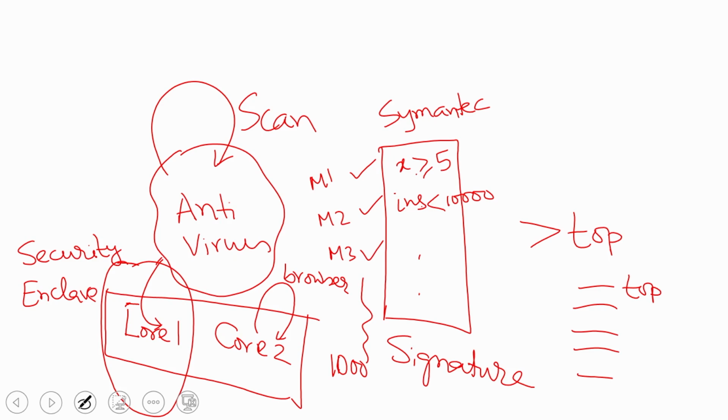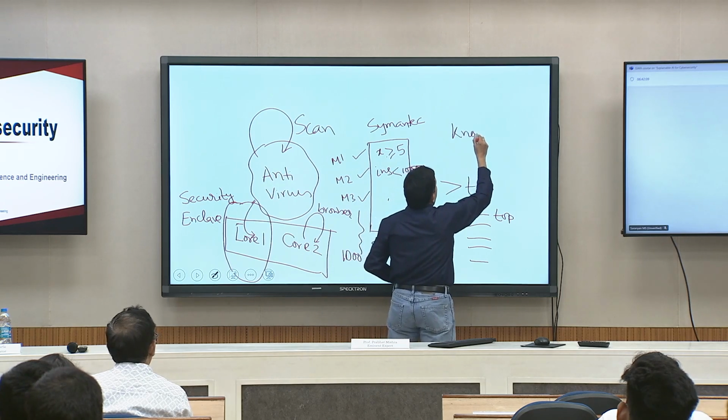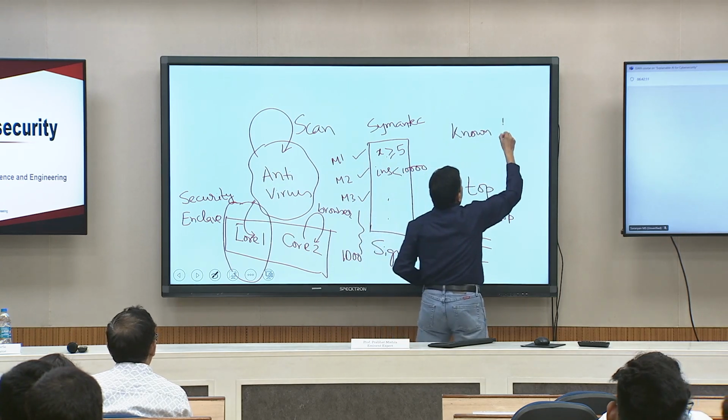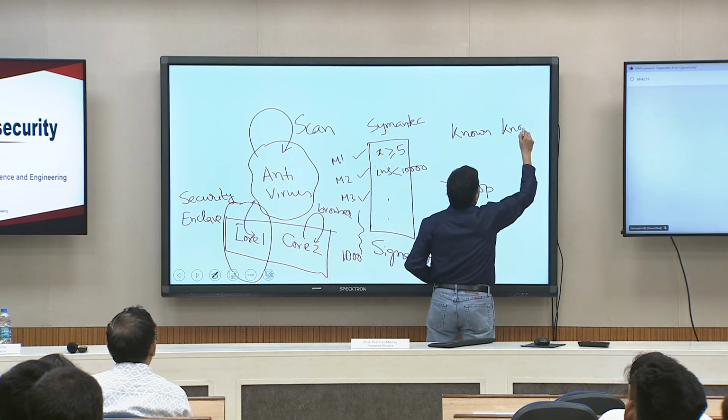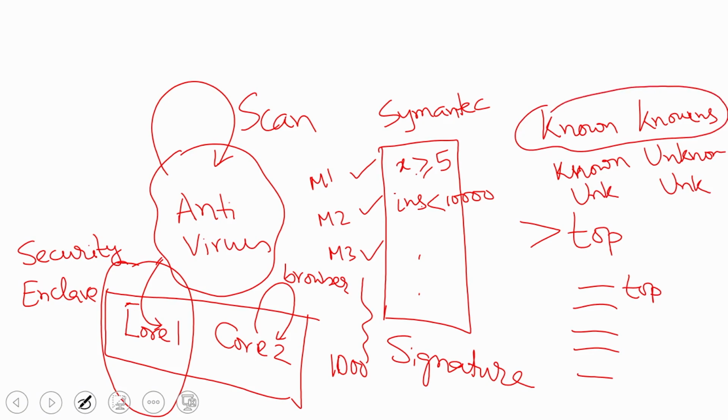That is why in the malware community there is a concept of known knowns, known unknowns, and unknown unknowns. Known knowns is obvious, it is just what you know.